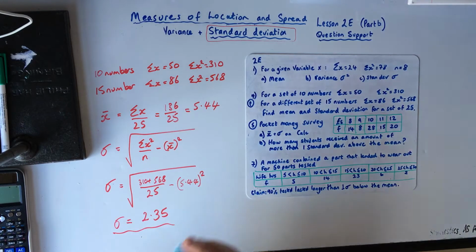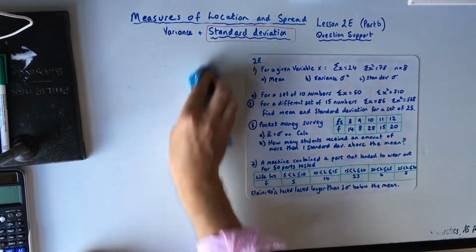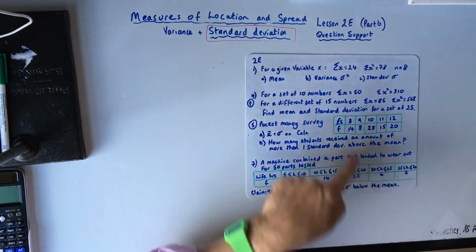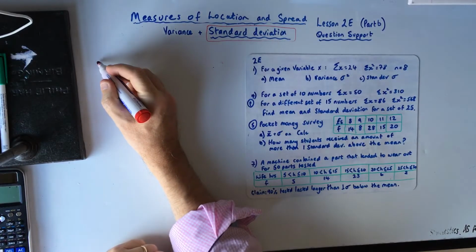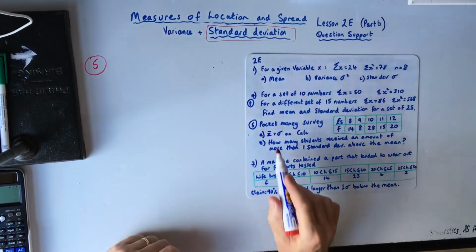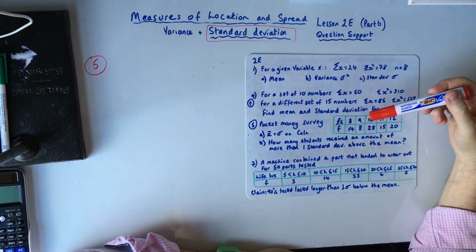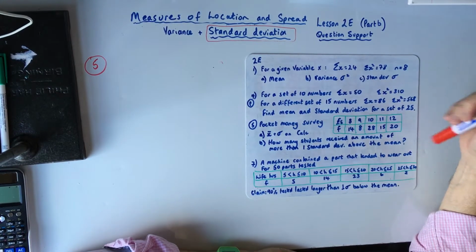So, next thing's how. Remember in the last lesson I showed you how to do it on a calculator, so I wanted to do this one and this one because we're going to do those on the calculator. So number 5. There's a pocket money survey that this kid is doing, and he tells his friends to round their pocket money off to the nearest pound.